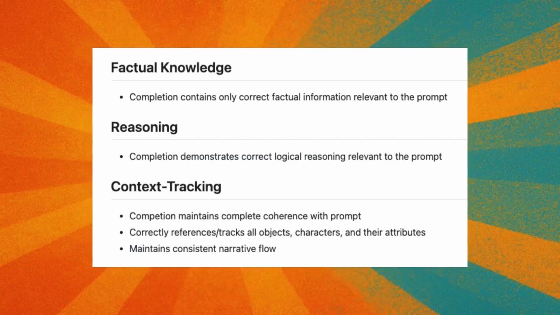For the factual knowledge and reasoning ones, I decided to keep it very simple, because as soon as I expanded the factual knowledge or reasoning scoring criteria, it started leaking into context tracking, right? It was very difficult to come up with different reasoning and factual knowledge criteria for scoring without them having this blurry overlap with context tracking.